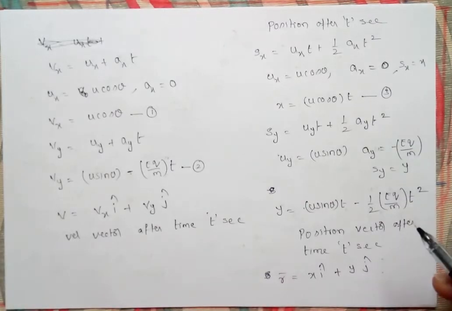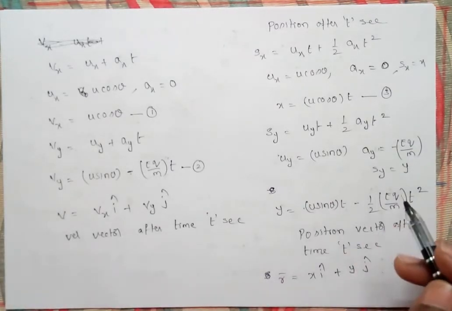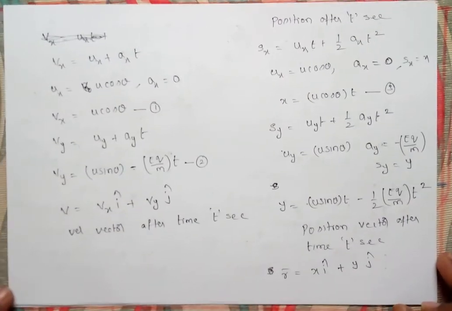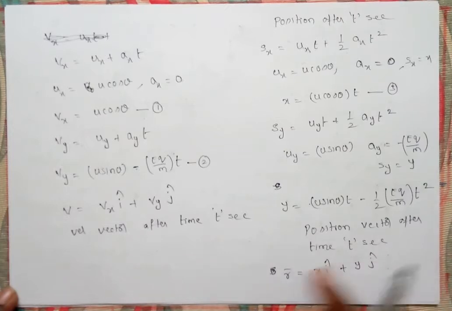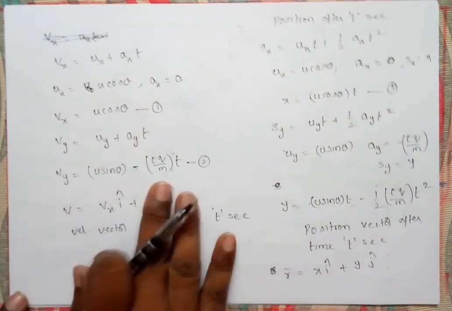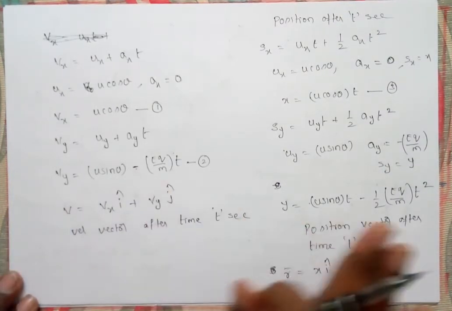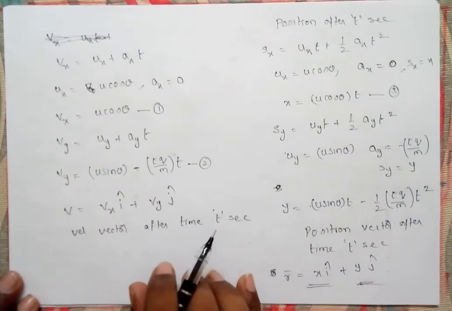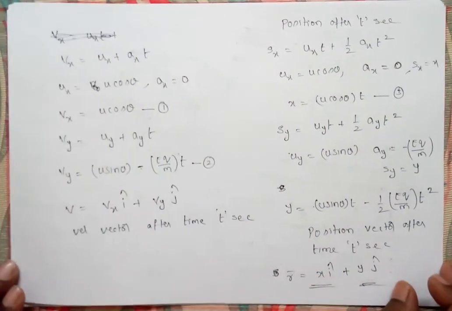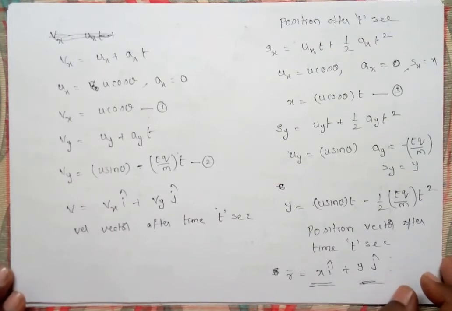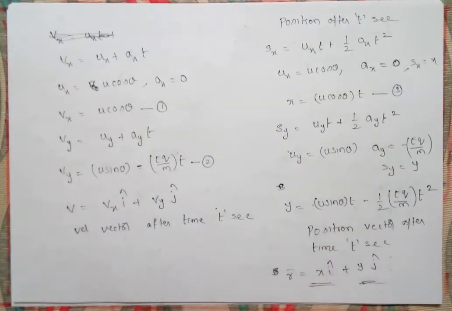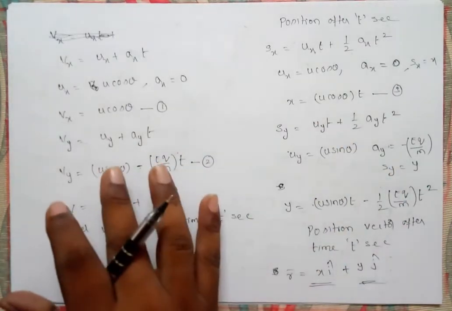This is the velocity and position after time t seconds when a charged particle is projected at an angle theta with the horizontal in a uniform electric field. They may give you the electric field intensity and the charged particle mass, everything, and ask for its position after time t seconds, so you can follow this procedure and calculate that.